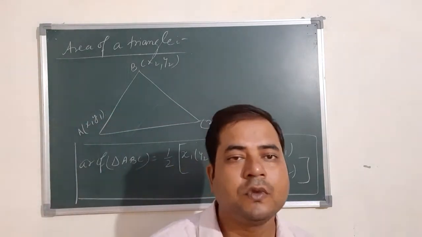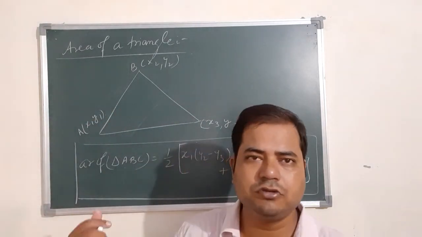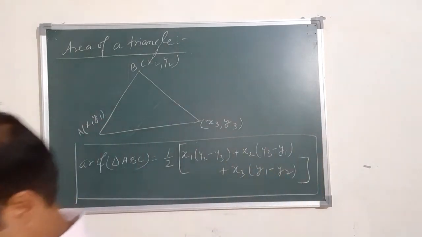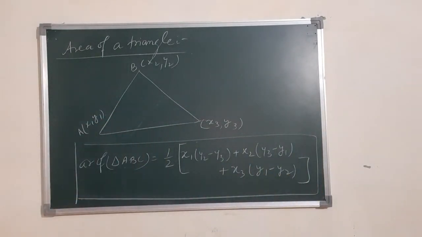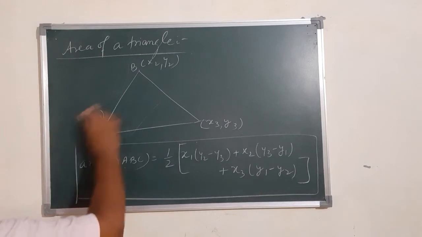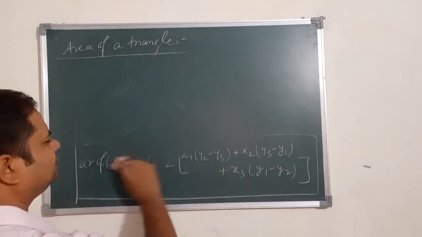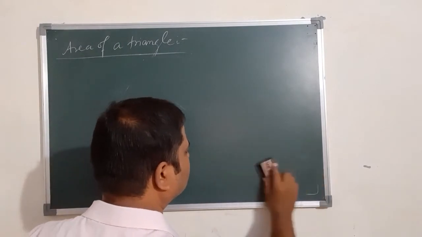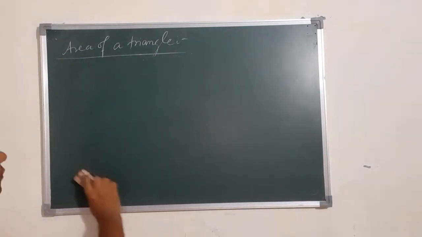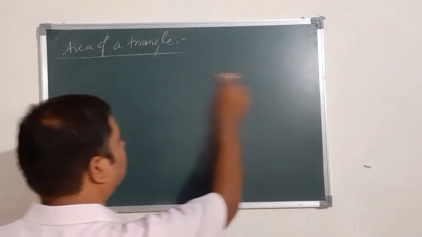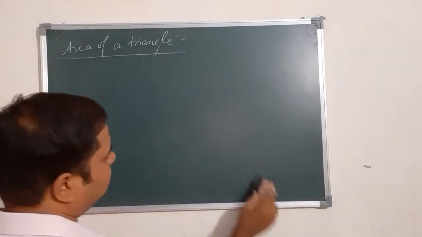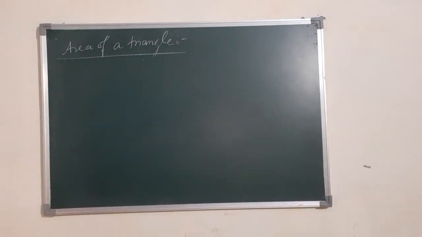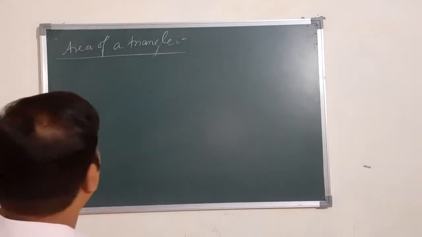Now we are going to prove this particular formula. Okay, so see, how will we get this formula? We just prove it and then look at the application of this formula.